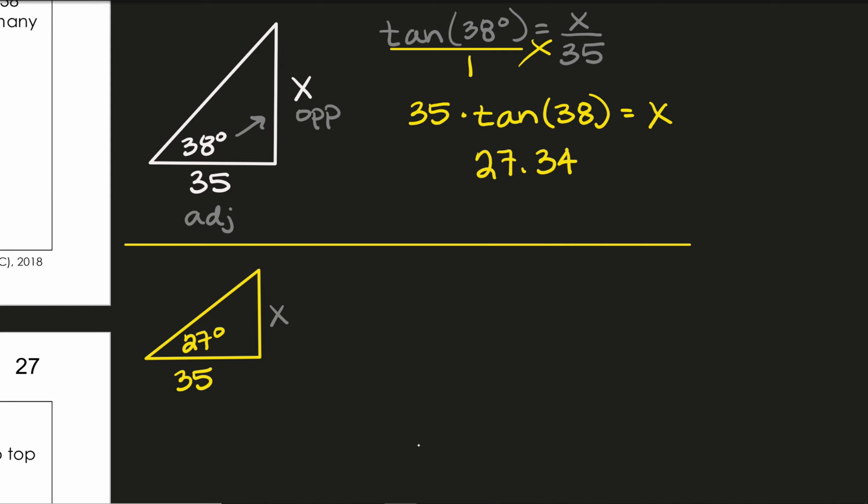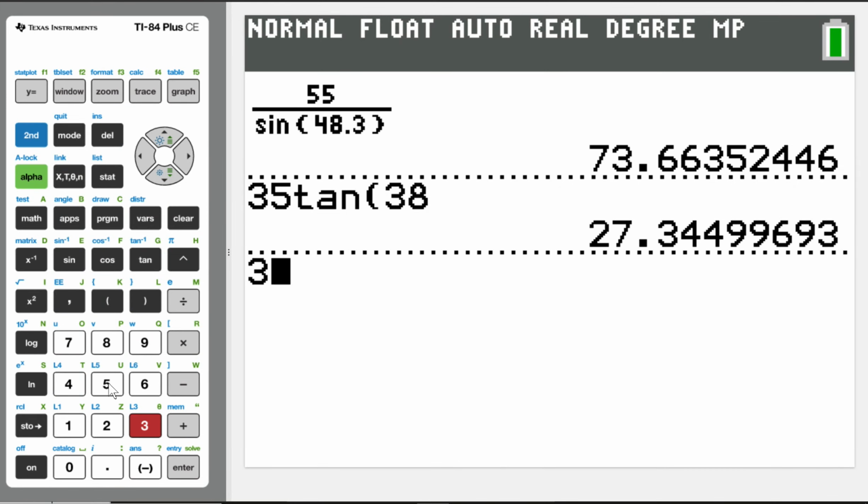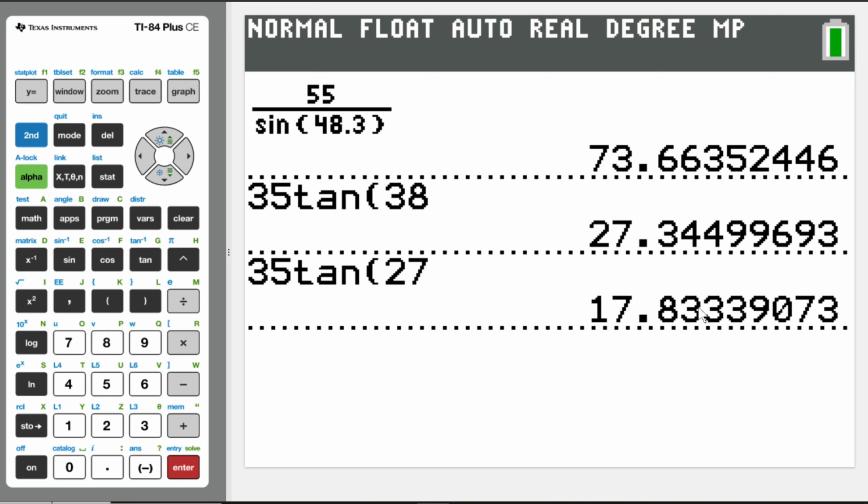So here, we're still using tangent because we have opposite and adjacent. So I will say tangent of 27 equals the opposite over 35. Again, we can just make this a proportion. So this will be 35 times tangent 27 equals x. So that's what I'll type on my calculator. 35 tangent 27. That's going to be 17.83.